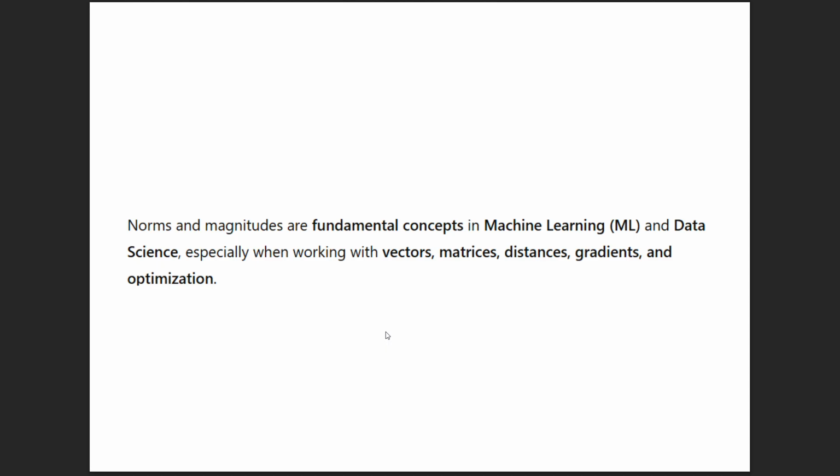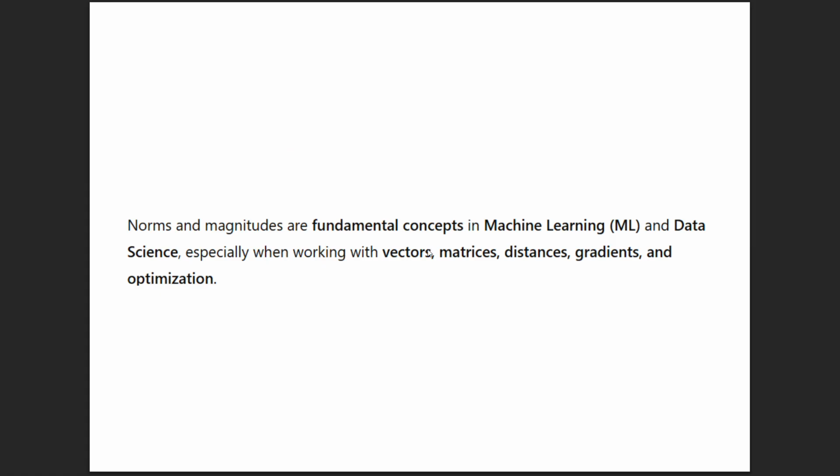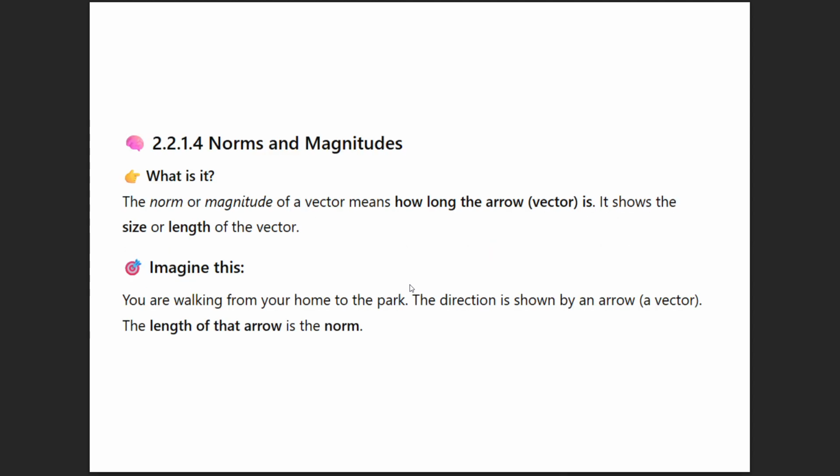So what are norms and what is magnitude? It is nothing but how long, the length or the size. Norms and magnitudes are fundamental concepts in ML and data science, especially when working with vectors, matrices, distance, gradients, and optimization. Norm, magnitude, length, or size, all have the same meaning.